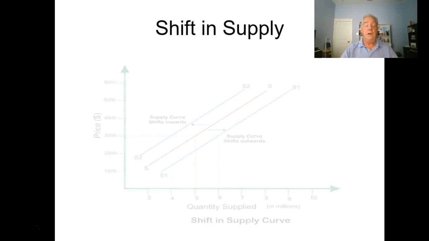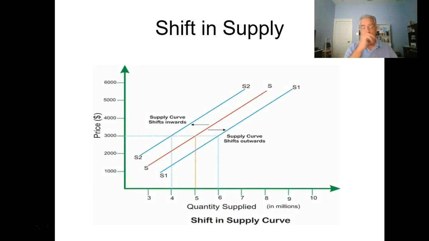All right, a shift in supply. Now, we're experiencing this today in our gasoline prices as a result of Hurricane Harvey. If you look at this graph, you'll see S, which is the red line. Now, a shift in supply inwards, as the graph shows you, causes the price to go up, okay, and the quantity to decline.